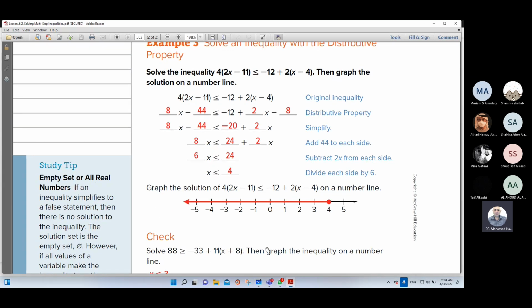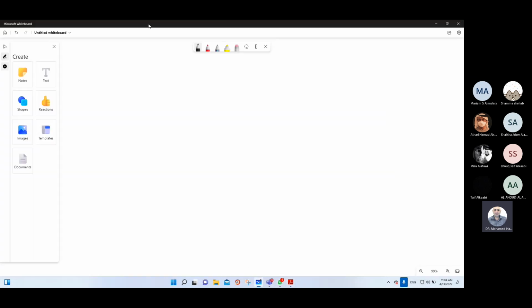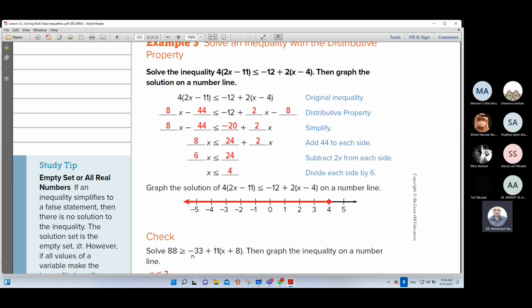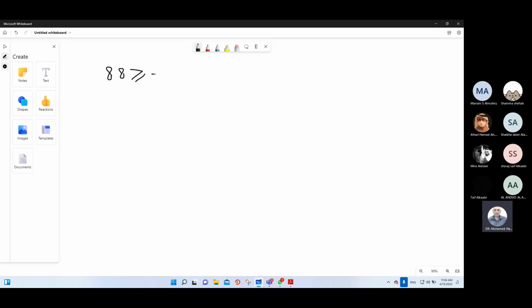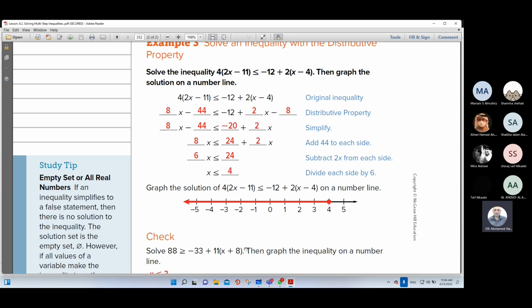Right. Now we have this example, 88 greater than or equal minus 33 plus 11 multiplied between parentheses x plus 8.